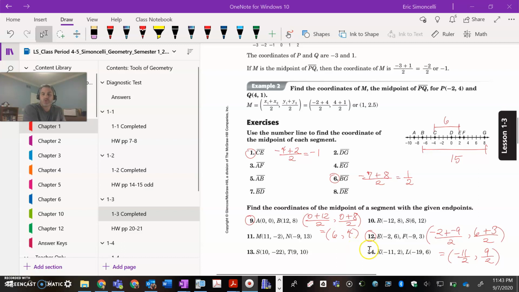On number 12, for example, from E to F, E is this point, F is that, -2 plus -9, take the average or divide by 2, you get -11 halves, and then 6 plus 3, that divided by 2, 9 halves. That ordered pair again is halfway between E and F precisely. Take a look at the graph and maybe you'll be able to clearly see that and it will make more sense in that particular regard.